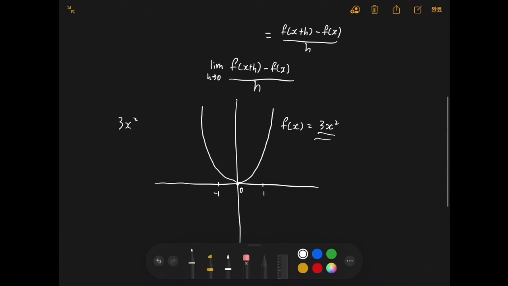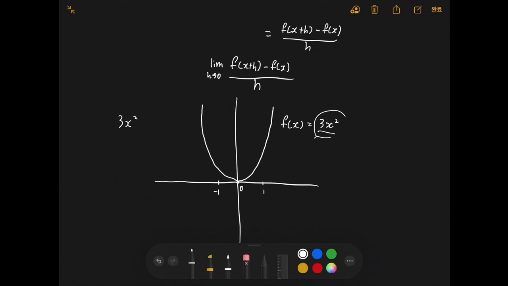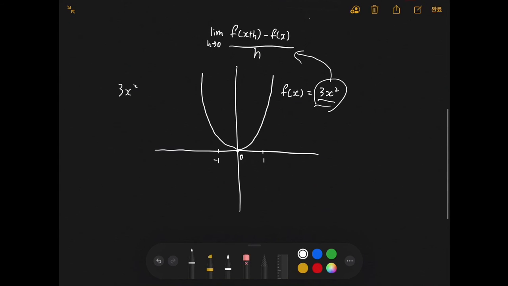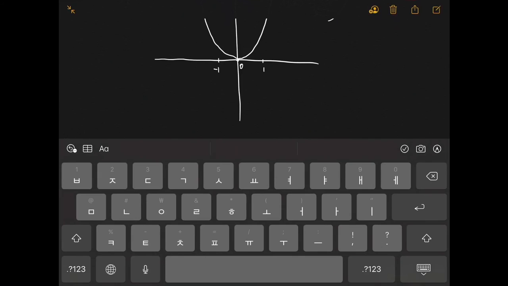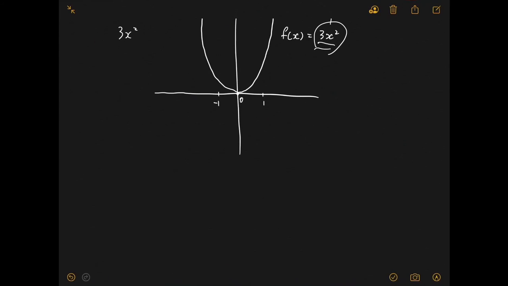So what we have to do is just find the derivative of this function. And how can we do this? Just simply put this function into the function we got previously. So let's do this. 3 times x plus h squared minus 3x squared, right over h. And this should be limit as h approaches 0.